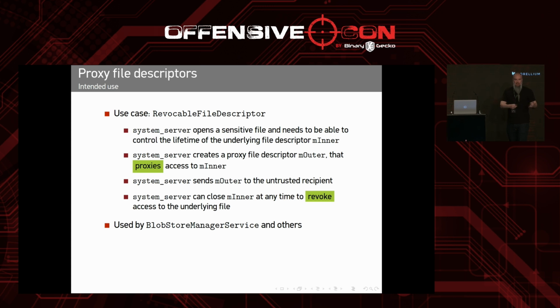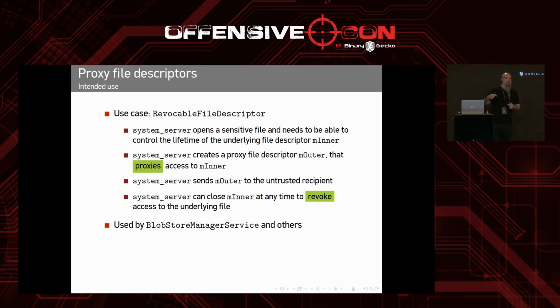Now, that was an example, right? But what is the actual use case of proxy file descriptors in the Android framework? Well, the actual use case is revocable file descriptors. Let's say system server needs to open a sensitive file that has some sensitive data in it, but it wants to explicitly control the lifetime of this file. Now, if system server sent that file to another application, that would increase the reference count of the file object.